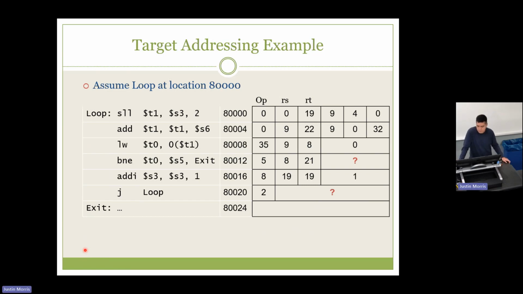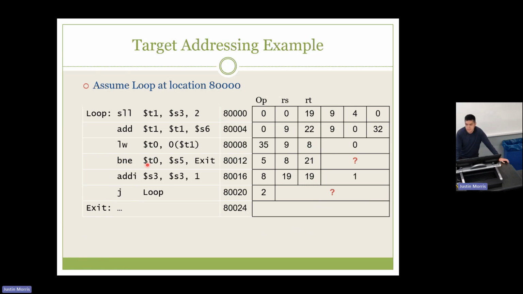It's our target addressing example. So we have this branch not equal instruction that wants to go to the label exit down here, if the two registers are not equal, and we need to figure out what is the immediate that should go here in order to accomplish this. So what happens when we execute this branch not equal?